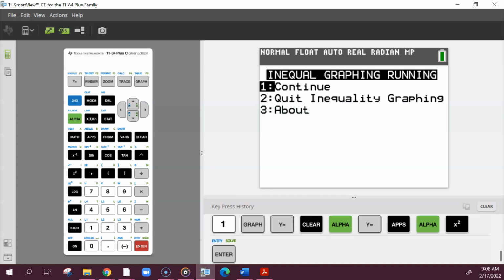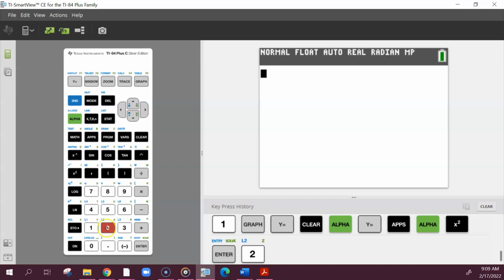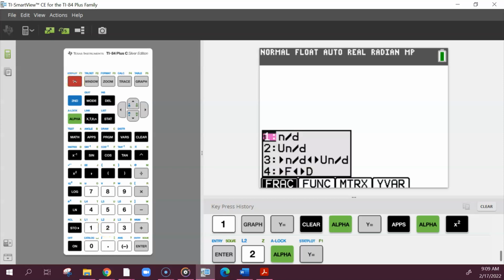How do I do this? Press X, go into Inequalz. If you quit the inequality graphing, then you can do alpha y equals and get your fraction back.